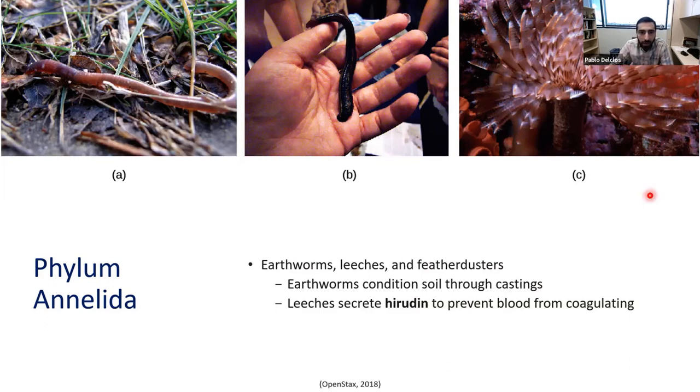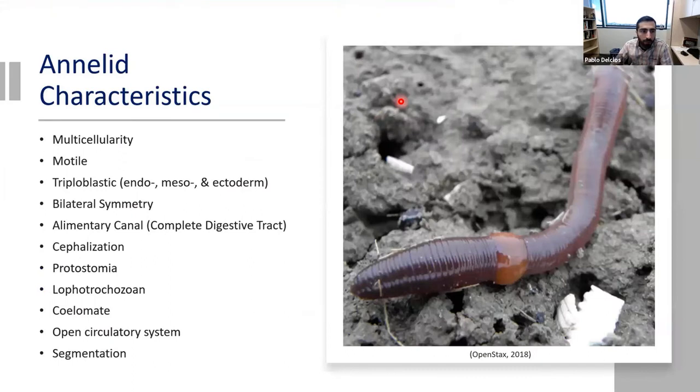Rarely do you see them in person, but maybe you have. But earthworms and leeches, we all know what those are. So we went through a lot of this in lab, but for those who aren't familiar, earthworms have many of the most basic structures that we ourselves have, especially when it comes to the digestive tract.